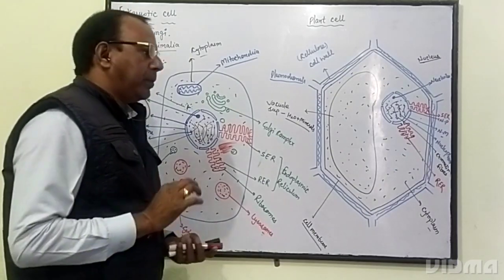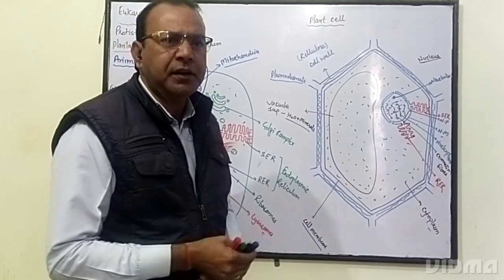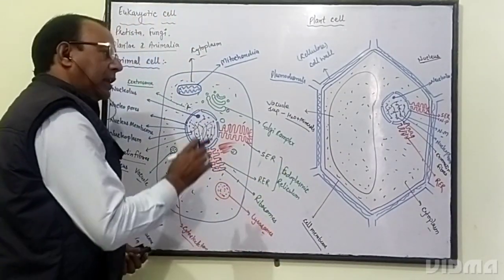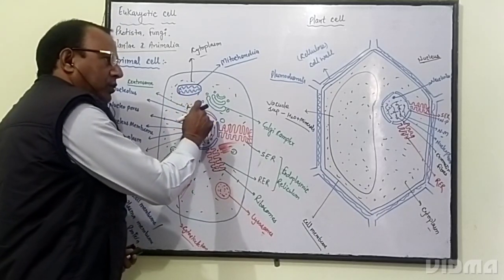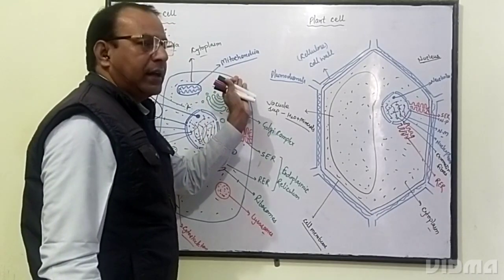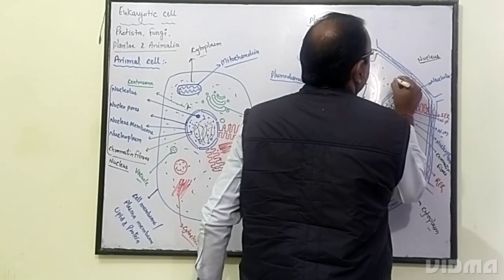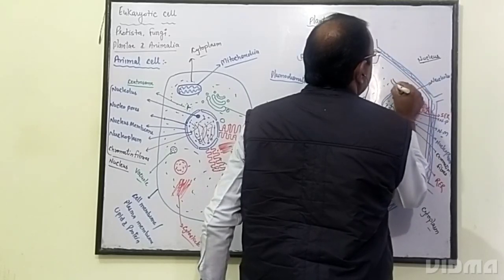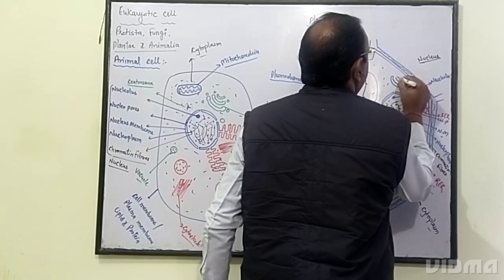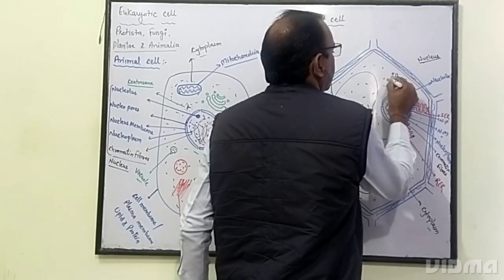Golgi body. In a plant cell, the Golgi body is present a little bit away from the nucleus, but the convex portion remains towards the nucleus membrane and the concave portion towards the plasma membrane, just like in an animal cell.